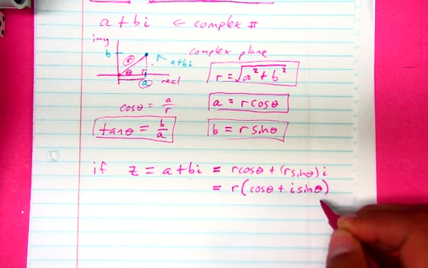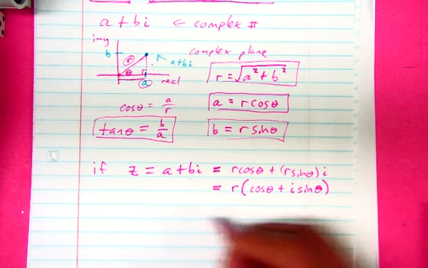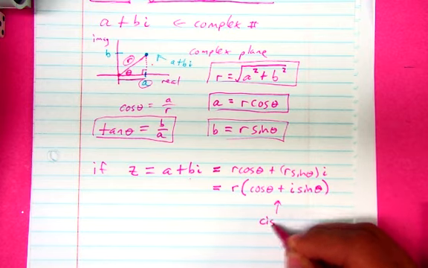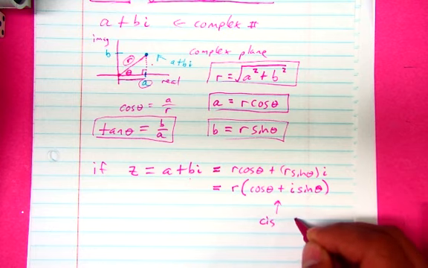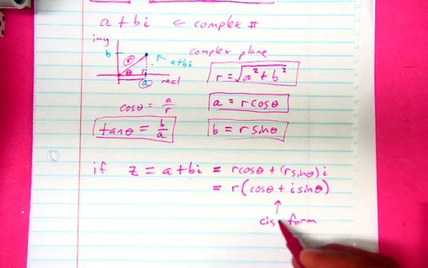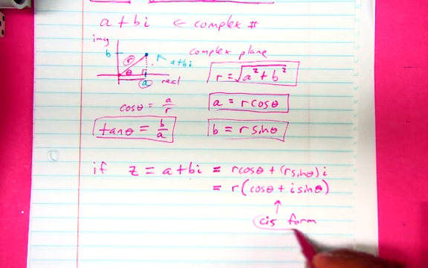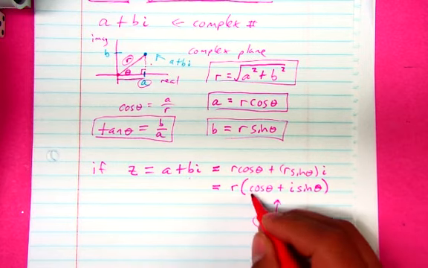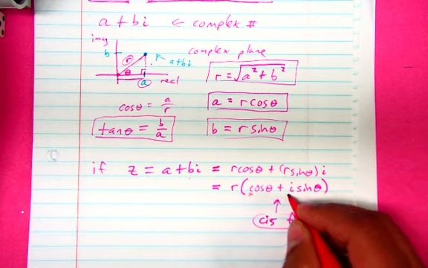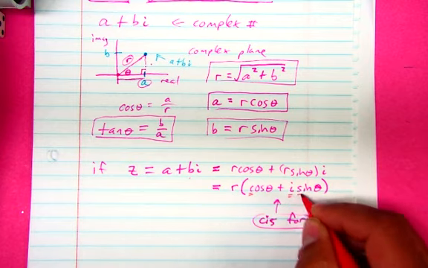Doesn't matter actually, but it's just easier to write i sine theta. This is what we call CIS form. And it's very easy to remember because the C stands for cosine, the i stands for i, and the S stands for sine.